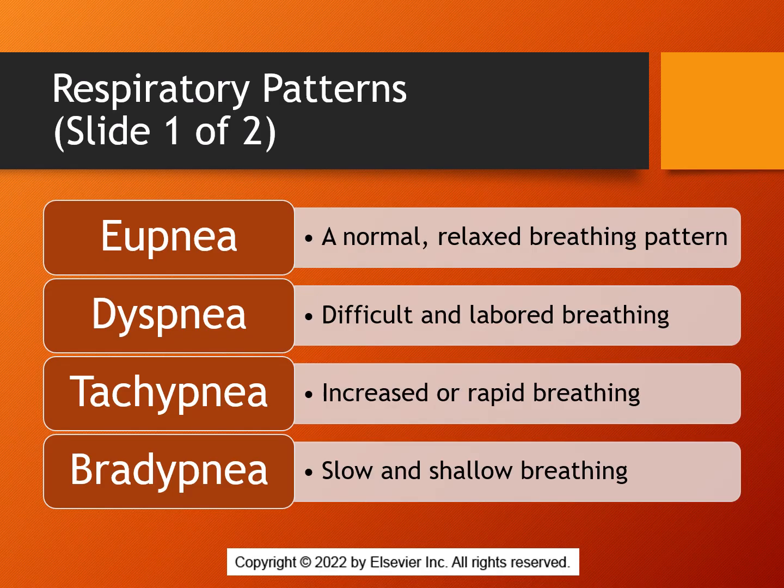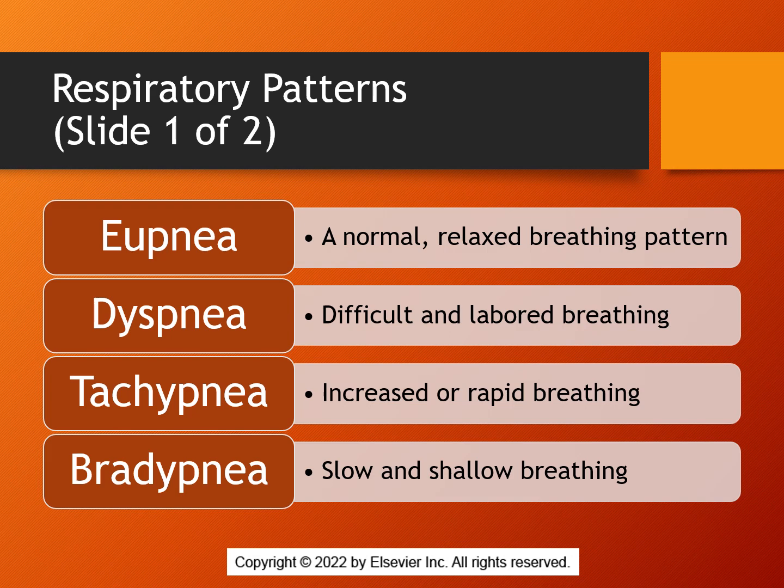So different respiratory patterns. Eupnea, look at that last part of that word, PNEA, and think about things like pneumonia. That basically is referencing breathing. EU means normal. Eupnea, normal, relaxed breathing. Dyspnea, that's difficult breathing.